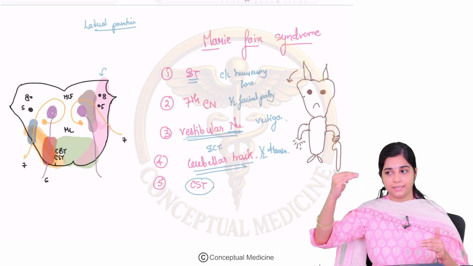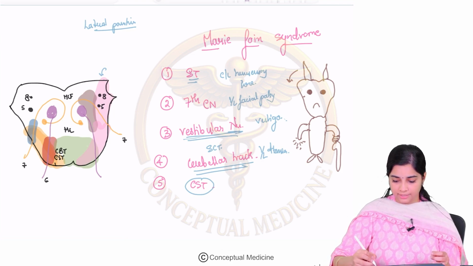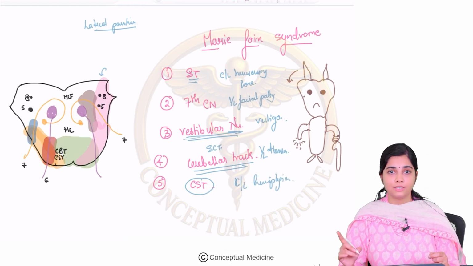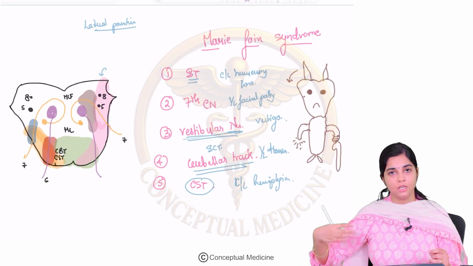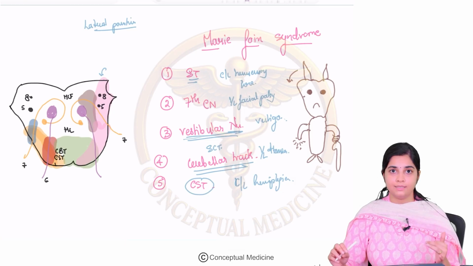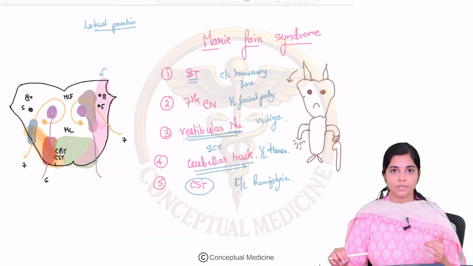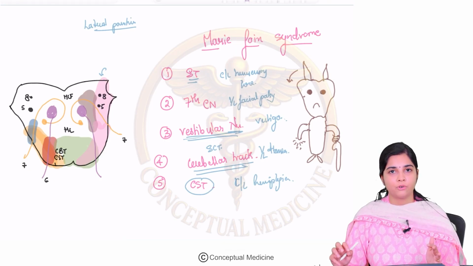Though it is present laterally, it can come downwards and involve the corticospinal tract as well. So there can be contralateral hemiplegia. Okay. So what is contralateral? There is contralateral hemisensory loss and contralateral hemiplegia. What is ipsilateral? Ataxia is ipsilateral because of involvement of the spinocerebellar tracts, and you can have 7th cranial nerve involvement as well. This is your Marie-Foix syndrome.